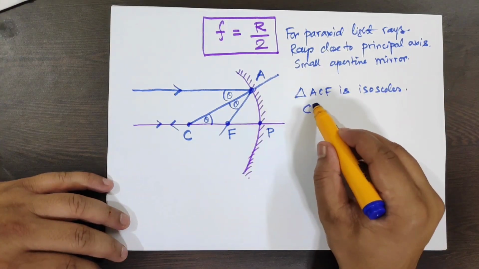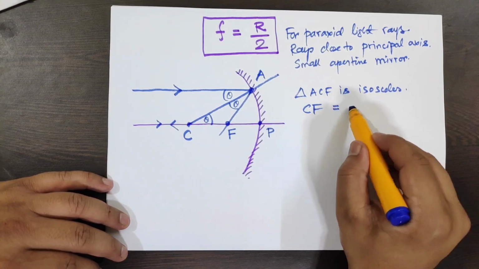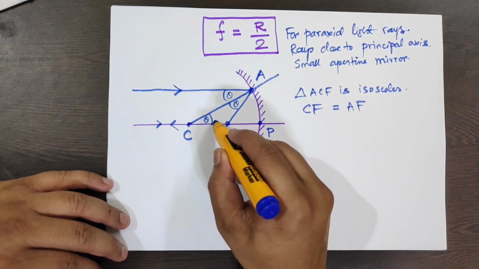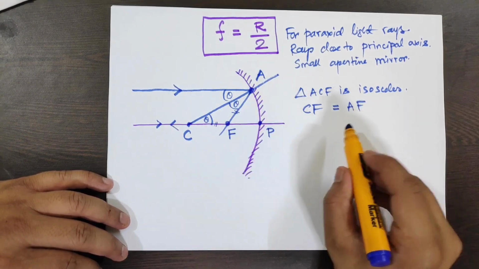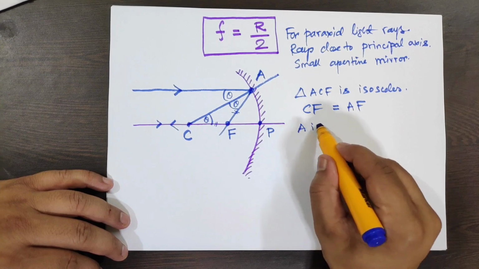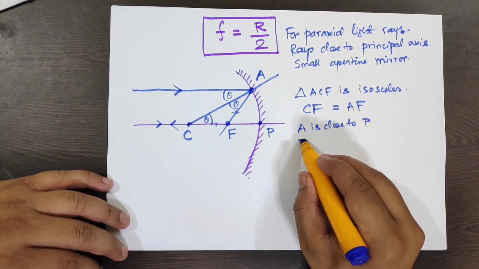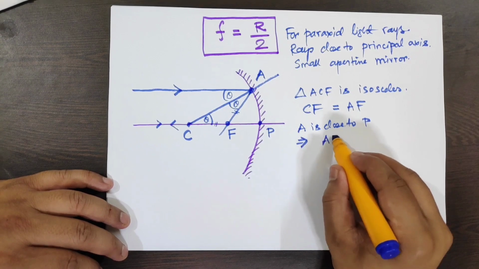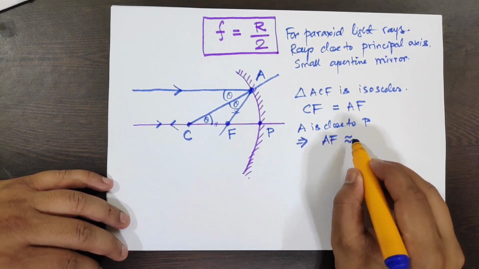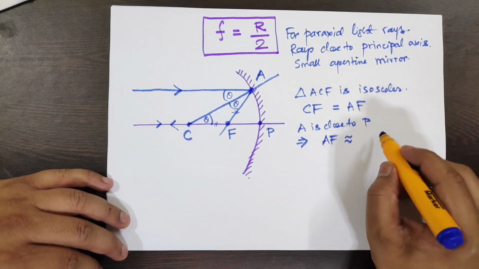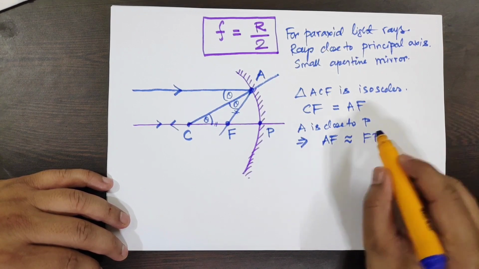So that means CF is equal to AF, I mean this side is equal to this side, and A is close to P, implies AF is nearly equal to FP.